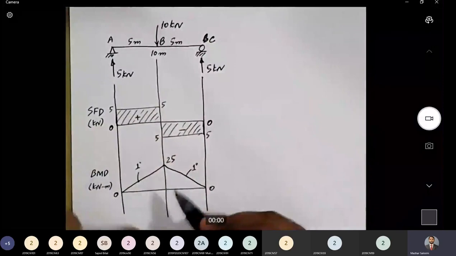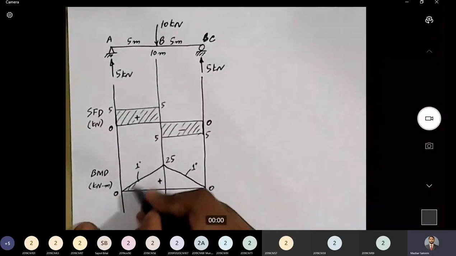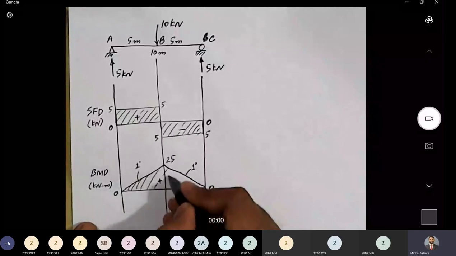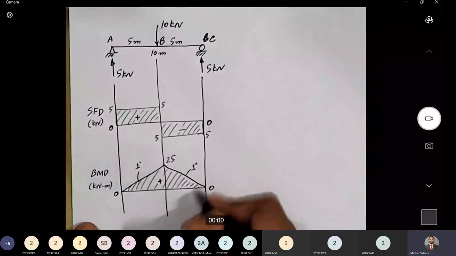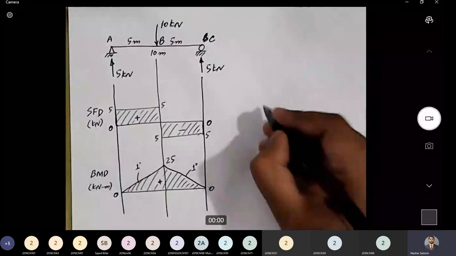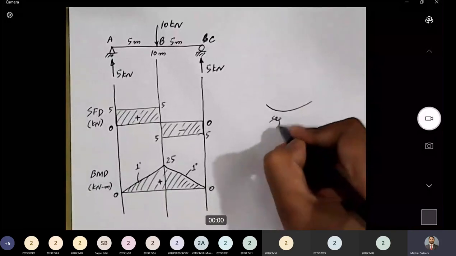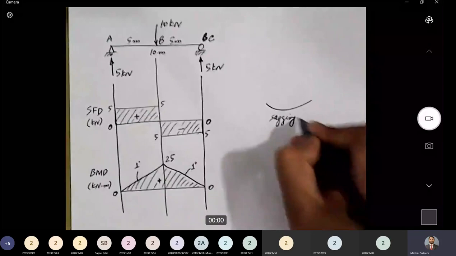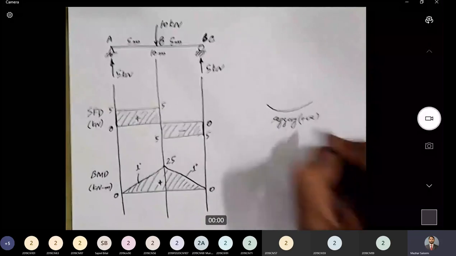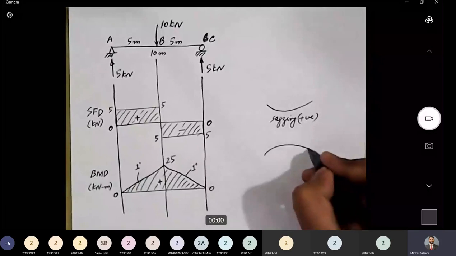Anyways, so this is the bending moment diagram, and the entire bending moment diagram for this beam is positive. Now, if you recall, our convention for bending moment is that this type of bending is termed as sagging, and our convention is that sagging is positive, and this type of bending is termed as hogging.